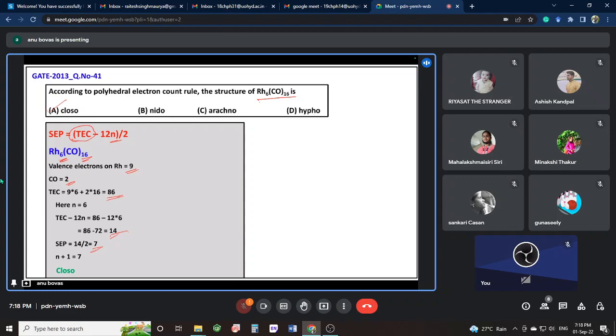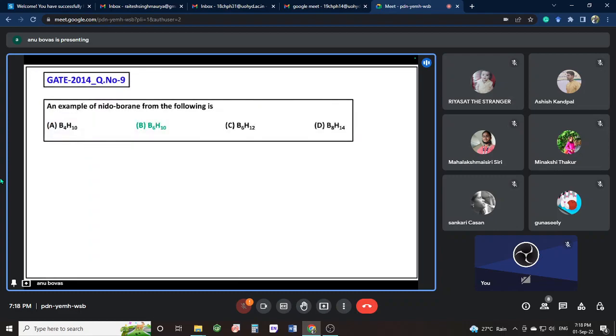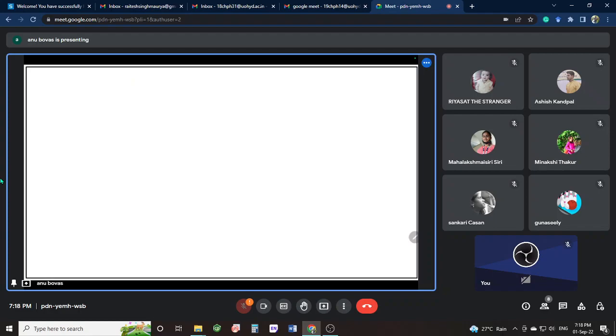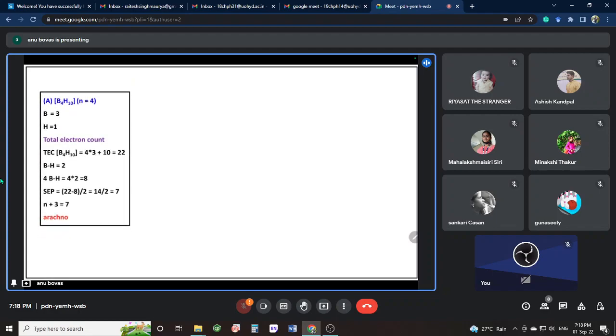Moving on to the next question, which is from 2014, question number 9. An example of nido borane from the following is. Four options are given. First of all, let us solve options A, B, C and D separately and find out which structure each cluster belongs to.